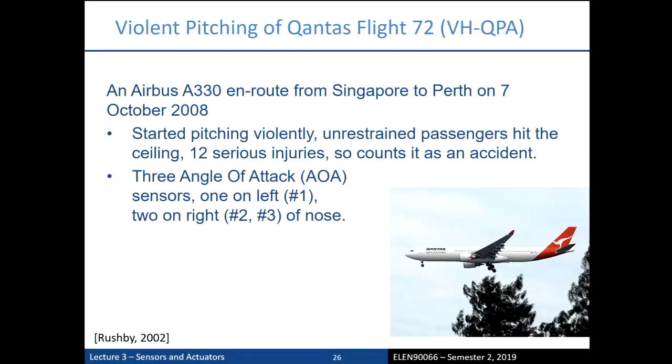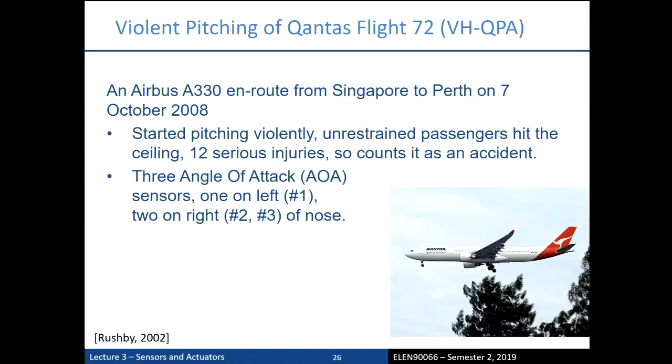Well, it's a cyber-physical system. It's an embedded system, there's embedded processing in there and all that. There are 3 sensors on the nose to measure the angle of attack. What's the angle of attack? It's essentially the relative angle of the plane in order to know if you're climbing or you're sinking.